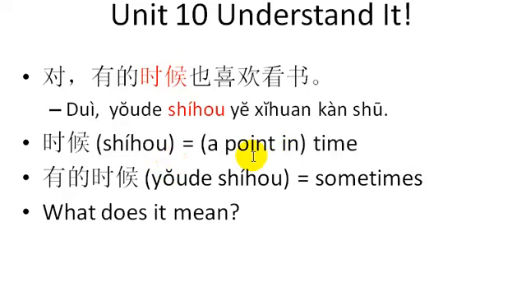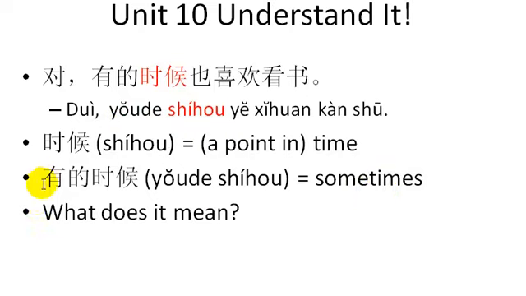And as you continue to study, you'll learn that there's other words for time, and some you use in some places and some you use in others. Like, for example, you've already learned the word 几点, which means what time is it? And 2点半 is 2:30. Here, 时候 also means time, and it's used often together with 有的 to mean sometimes.